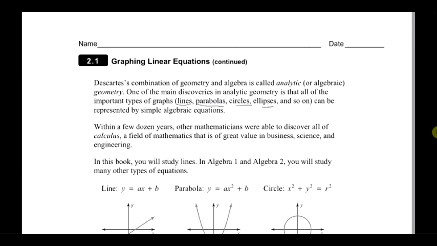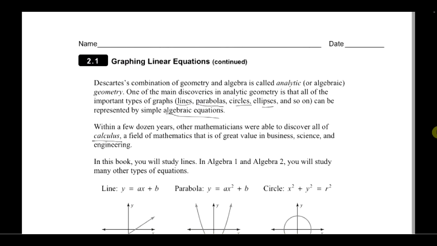And it's because of this that we can have anything from animation films to anything we have on a computer, to everything that we use in technology, because of these planes, these algebraic equations that represent all of this. So finally people are able to use this to discover calculus, which is super complicated math. However, in this we're going to just study linear equations.